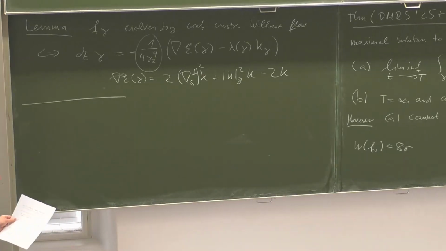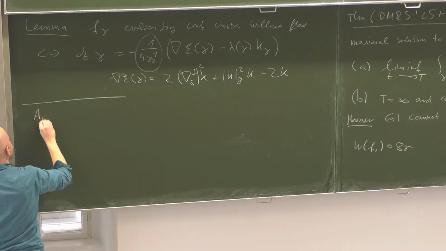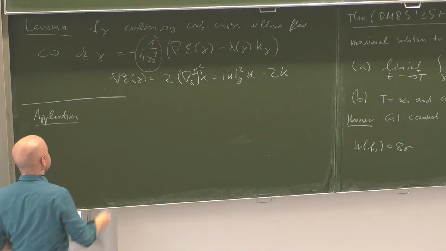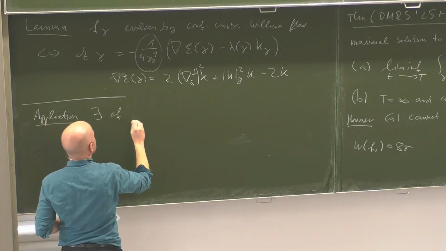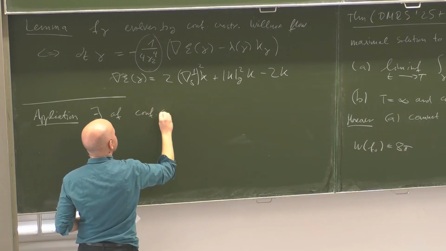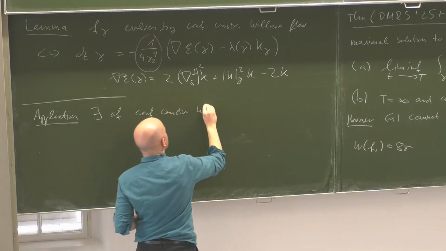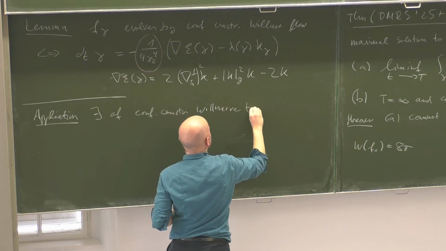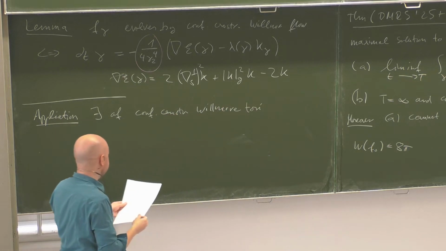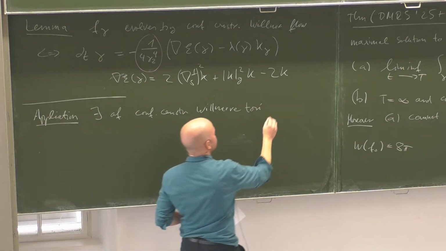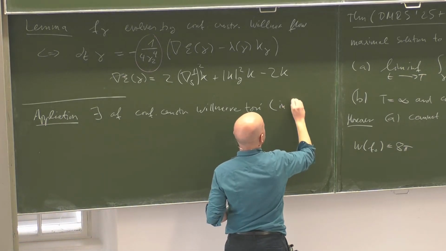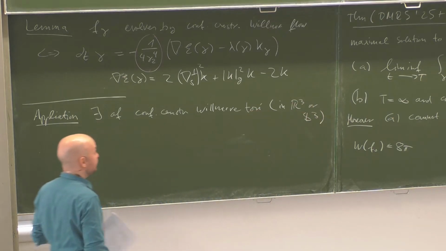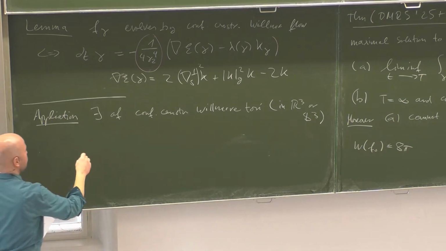Last side remark, maybe as an application: you can find the existence of a new class of conformally constrained Willmore tori with revolution symmetry, of course. We can do this in R3 or in S3 because of conformal invariance and stereographic projection.